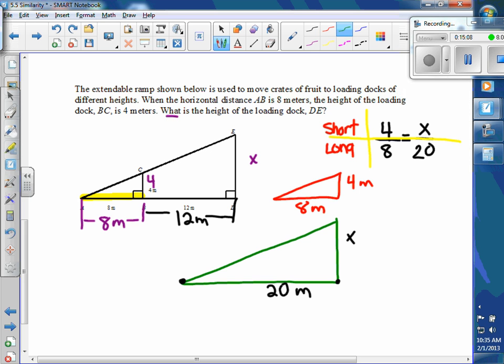And this could be one figure, and this could be the second figure.